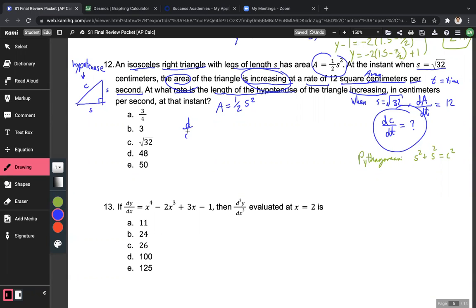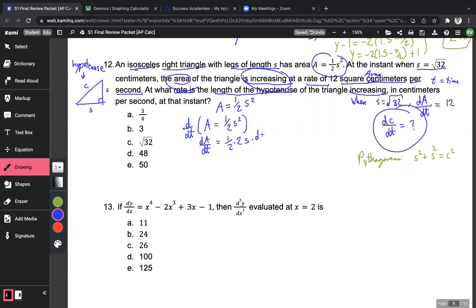Start by just saying this is d over dt of area equal to 1/2 s squared. All right, so A is just a lone variable, no exponent or anything like that. So that just becomes dA over dt is equal to 1/2 times, doing my product rule, derivative of s squared. That's going to be 2 times s.